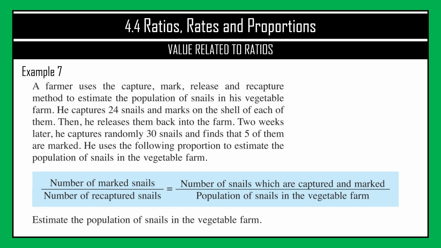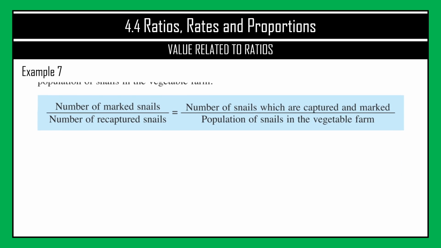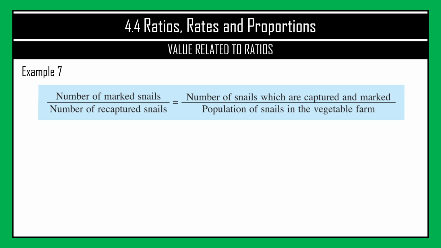Now this is a very straightforward question. First, he captured 24 snails and marked each one of them. Putting them back, 2 weeks later, he captured 30 snails and found that there are 5 of them that he had already marked 2 weeks previously. Now we are going to use the formula given to estimate the population of snails. Alright, so this is the formula. The number of marked snails, which is 5.